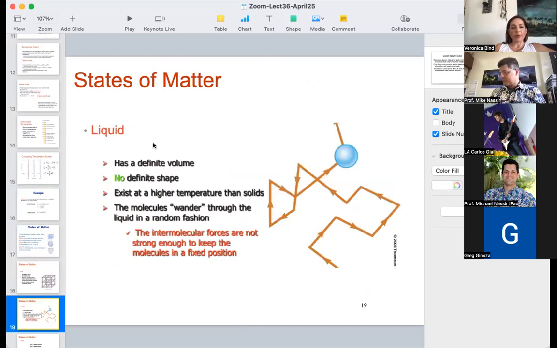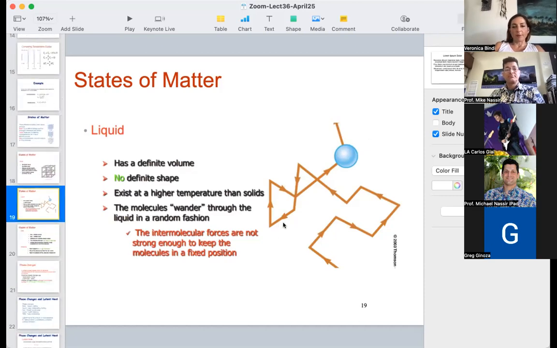Instead, for the liquid, we have a definite volume, but it doesn't have a definite shape, and they exist at a higher temperature with respect to the solids, and the molecules wander through the liquid in a random fashion. So they move from one place to another, and the intermolecular forces are not strong enough to keep the molecules in a fixed position.